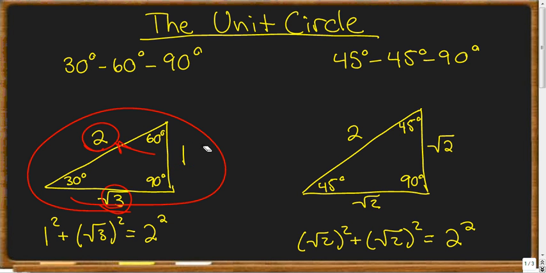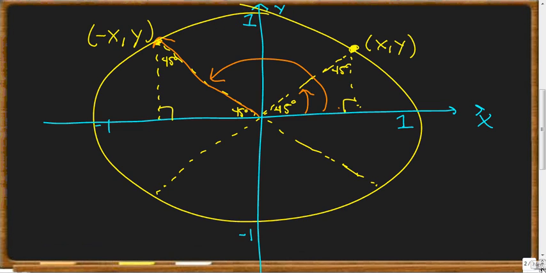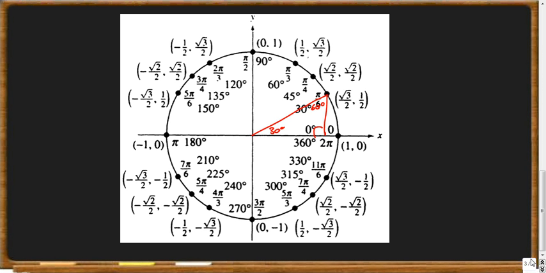If we go back to our setup, you'll see that the cosine, our adjacent side, was the square root of 3, and our hypotenuse was 2. Technically these are all scaled down because the hypotenuse is 1, but you see that our cosine here, because this is a 30, 60, 90 triangle, is the square root of 3 over 2.